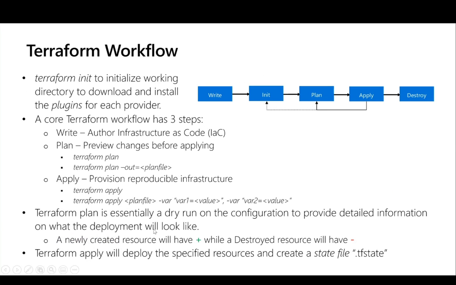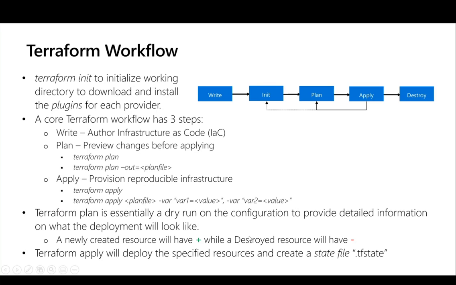So in terms of the workflow, as I mentioned, obviously you will start by authoring your infrastructure as code. Once you have these Terraform configuration files, then you run terraform init in the working directory where you're trying to run the code. And then you can do the plan to validate the configuration files and also identify which resources would be new, and new resources would be indicated with a plus sign.